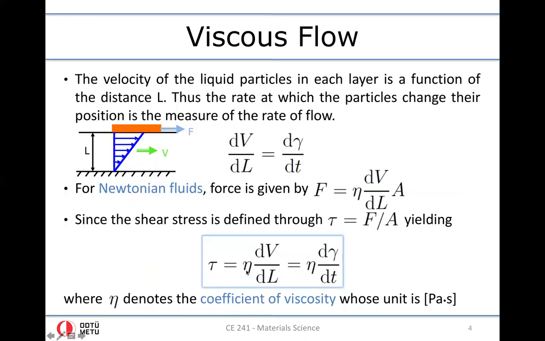So the rate at which particles change their position is the measure of the rate of the flow. All right, so this is the velocity, and when you take the derivative of the velocity with respect to the depth L, this can be considered as the derivative of the shear strain with respect to time. Why?